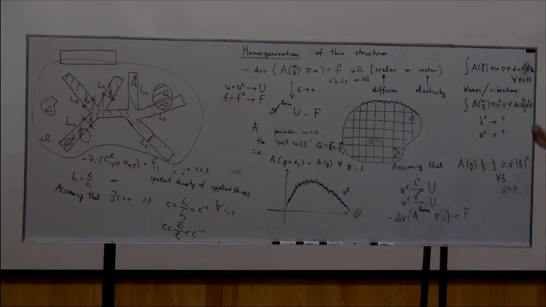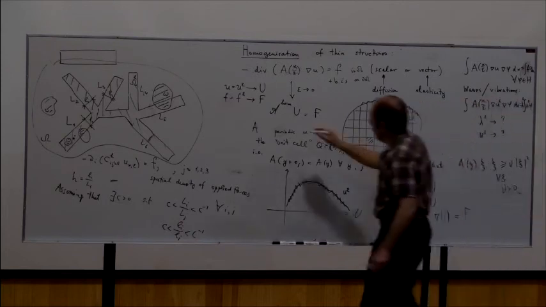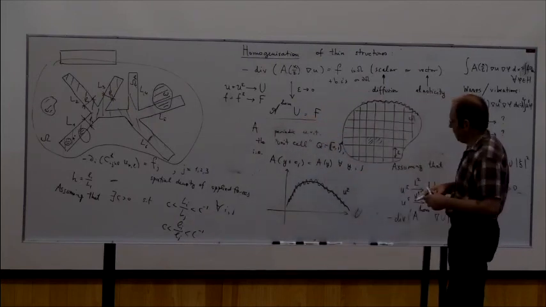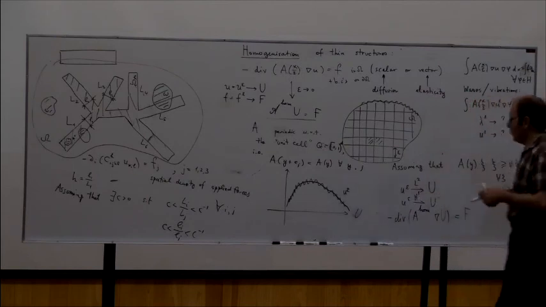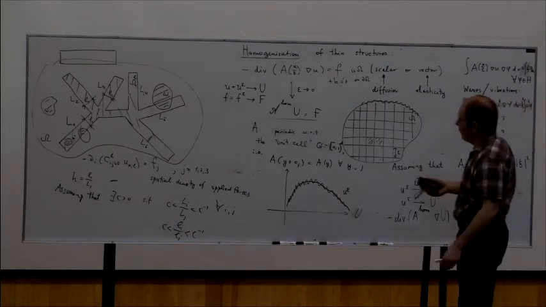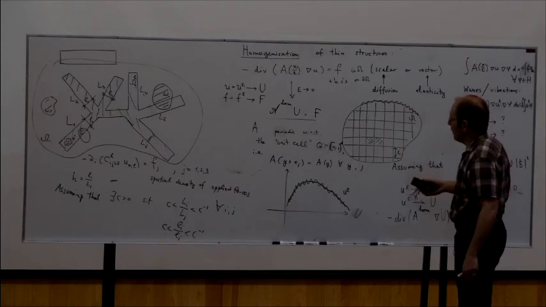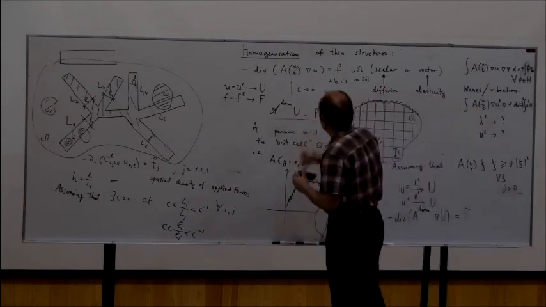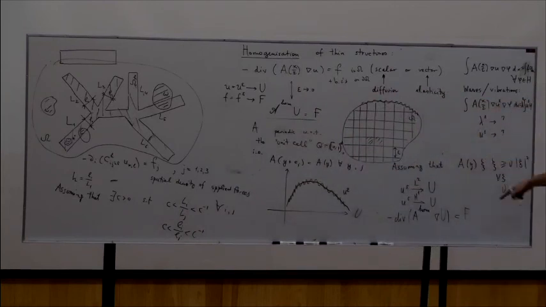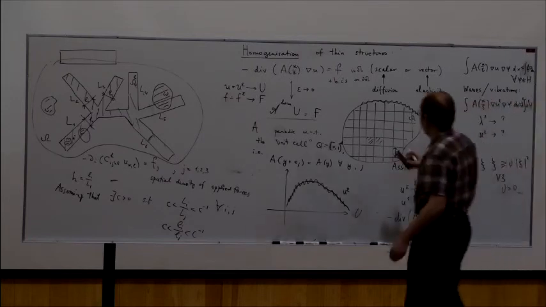But the question that I would like to pose to think about, or maybe we can discuss it at the end of our meeting, is what this process of homogenization, the corresponding asymptotic analysis, and the version of this analysis using the language of waves would be if you consider a singular structure.